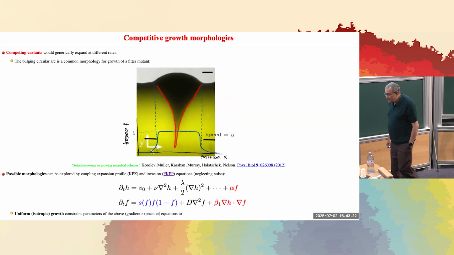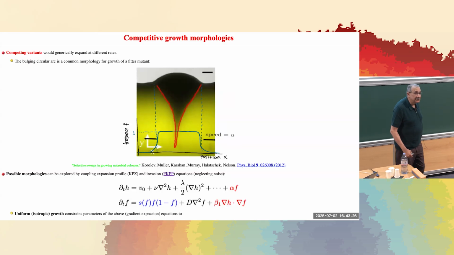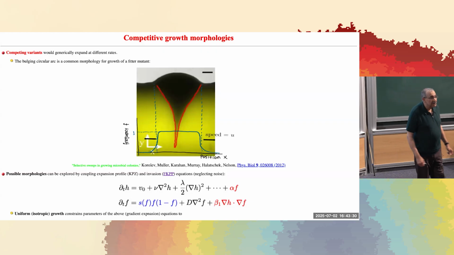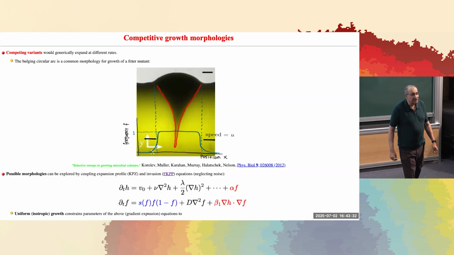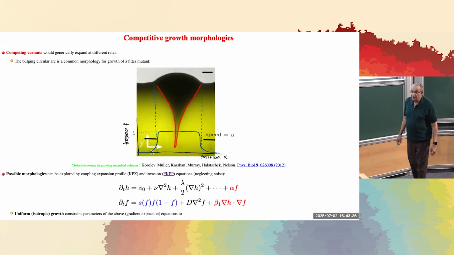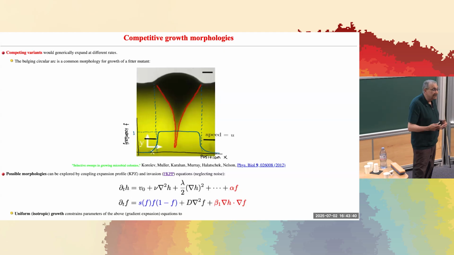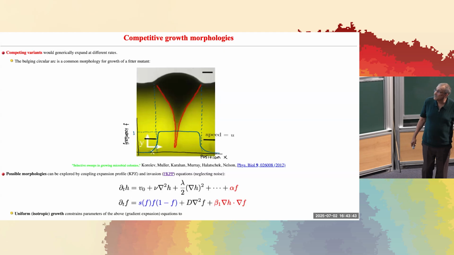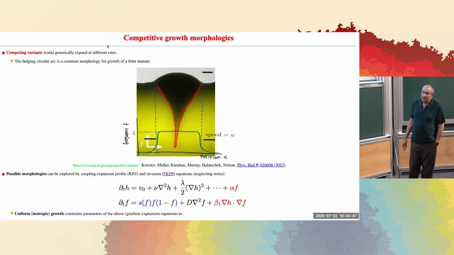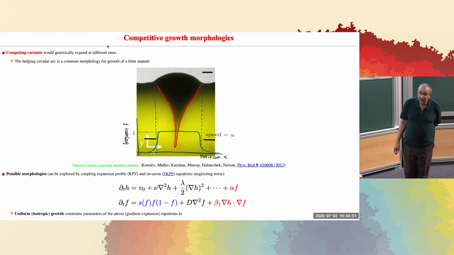Now, in this experiment, it was very precisely engineered so that the two bacteria that were growing were essentially identical. They were growing with the same rate. But typically, if you have normal bacteria that have different origins or properties, typically one of them is more powerful than the other one and will displace the other one.